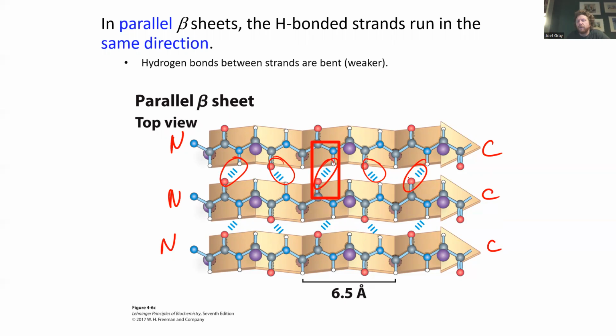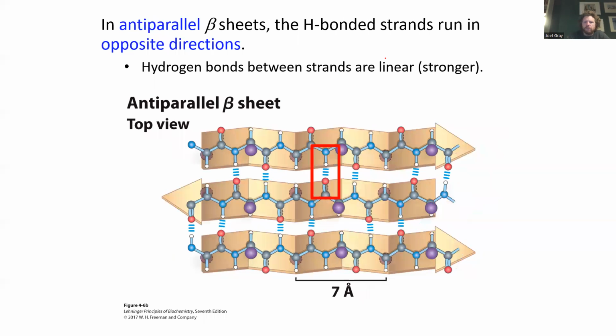Earlier this semester, we talked about strengths of hydrogen bonds, and you can see at the top of the slide that our hydrogen bonds are described as weaker. Well, what are they weaker than? They're weaker than these hydrogen bonds right here, where we have a strand N to C, and then another one, N to C, another one, N to C. These are going in opposite directions.